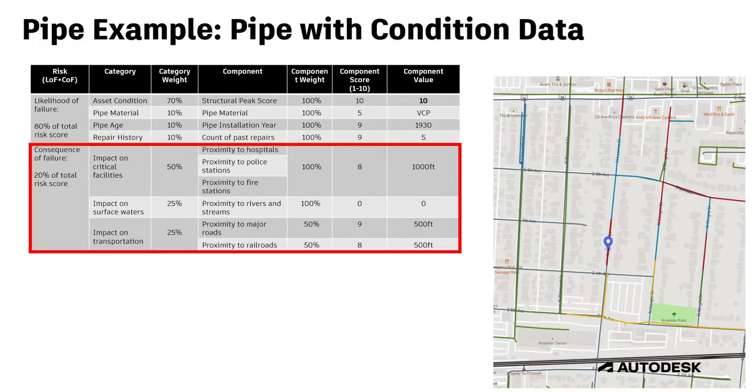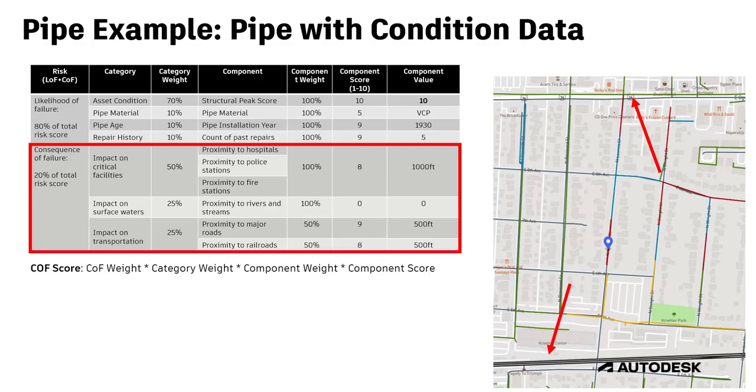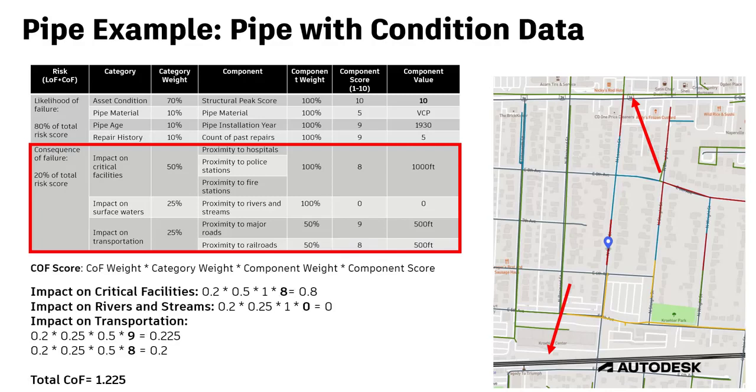On the other hand, this pipe scored an 8 under the Impact on Critical Facilities category because of its proximity to a fire station, a 9 under proximity to major roads because it is within 500 feet of a major highway, and an 8 under the proximity to railroads component. Based on this scoring and considering the total COF calculation, this pipe has a total COF of 1.225.